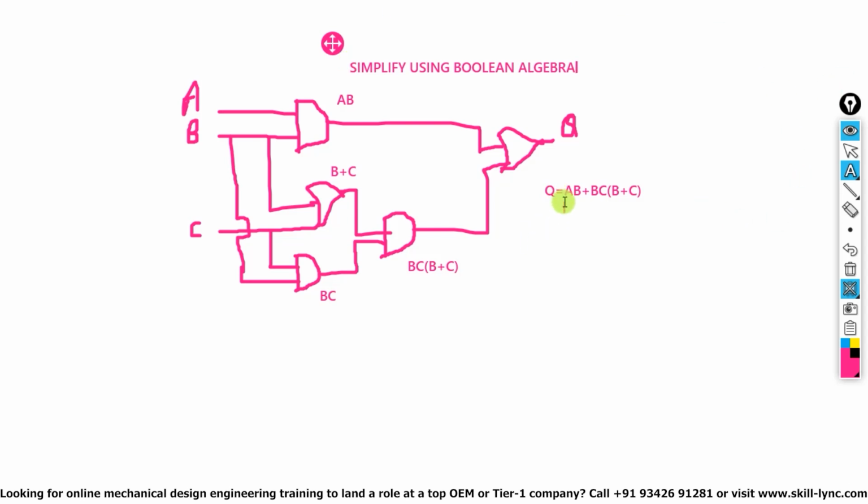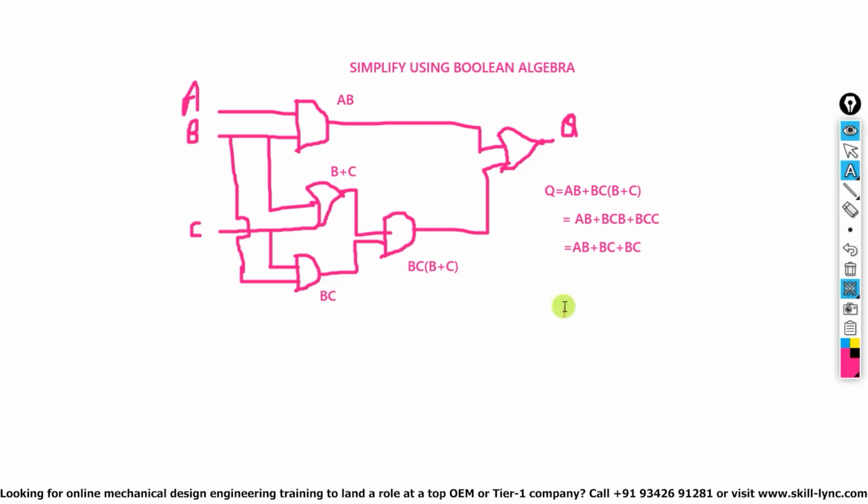Now we have Q equal to AB plus BC into B plus C. First of all, let's open it: AB plus BCB plus BCC, which is equal to AB plus BC plus BC.